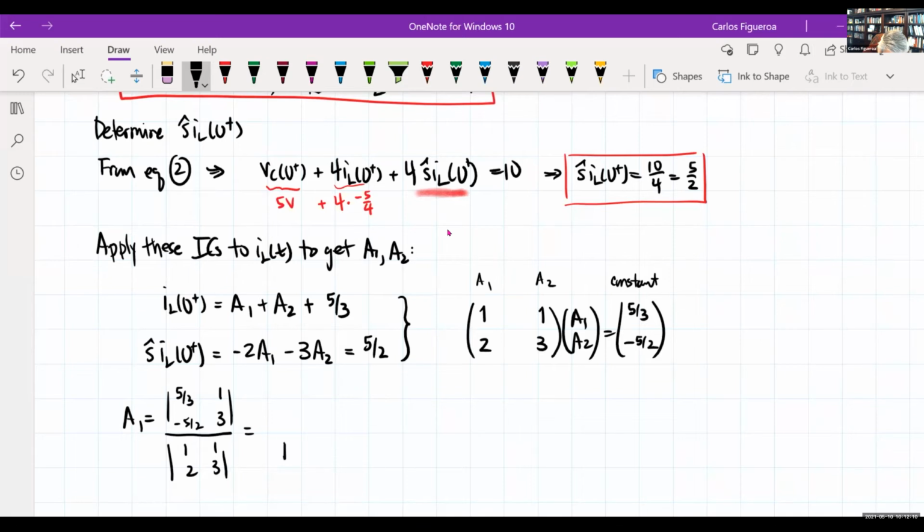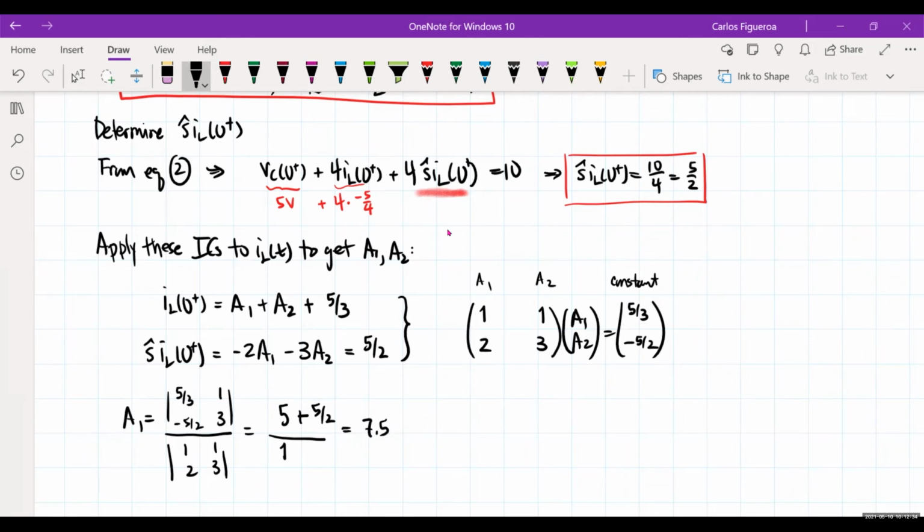So I'm always going to get 1. So it's really this factor right here. So I'm going to get 5/2 times 3. So this should be 5 minus minus plus 5/2. So this should give me what? That should be 7.5.